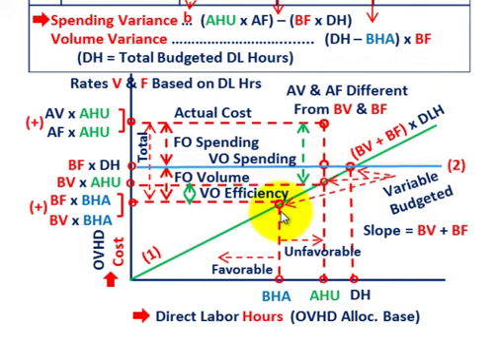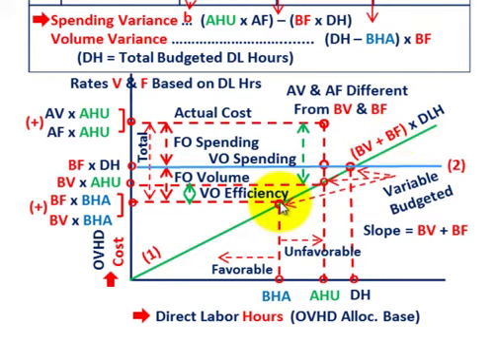So let's first look at our budgeted hours allowed and how we'd make our calculations. You move up from your budgeted hours allowed for your direct labor. You hit your green line, that variable amount that you have. This was the budgeted variable rate, or budgeted fixed rate; we can combine them together, times the direct labor hours.